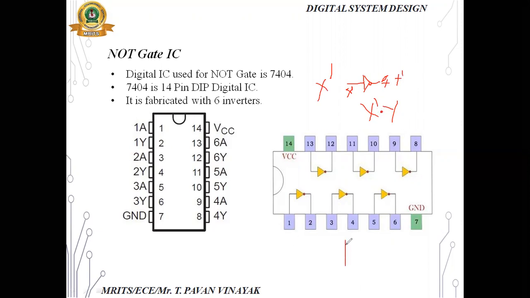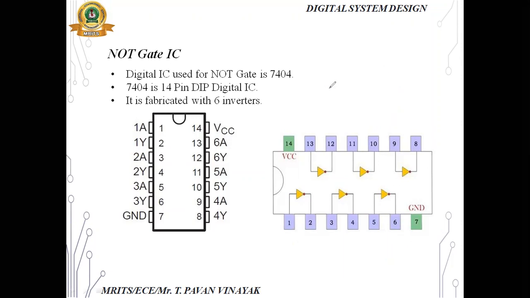So I take an AND gate, and the output must be X bar Y. Directly give Y. Here we have to give X bar, and for X bar take a NOT gate. So we get X, Y, X bar.